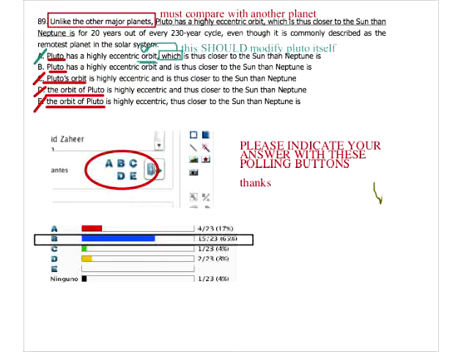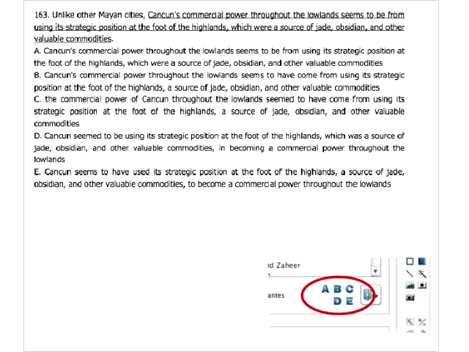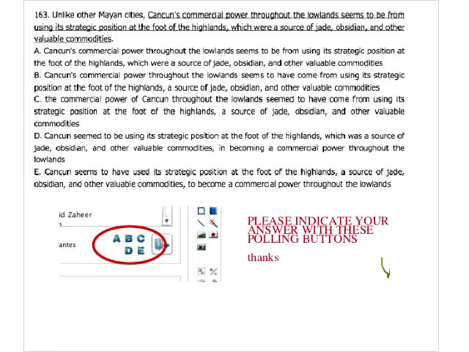Okay, let's do another one. Try this. Again, if you are relatively new to this session, please indicate your answer with the polling buttons. Thank you very much. Timer. Okay, let's set it to a minute left.